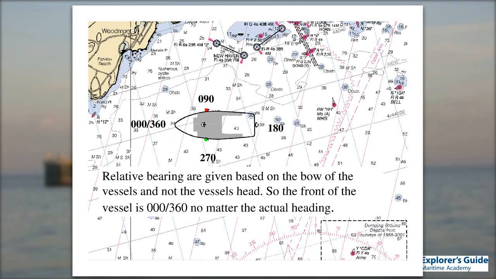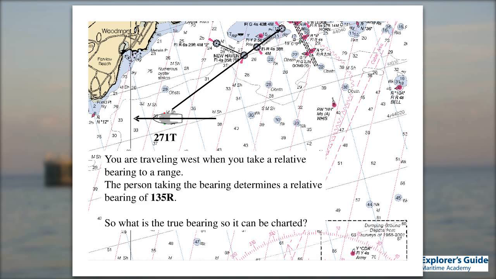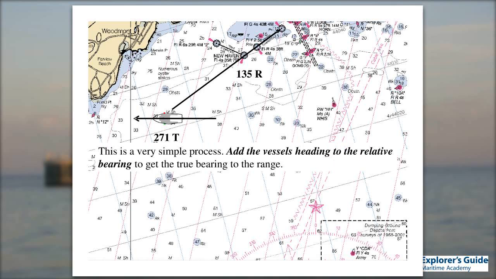Looking at the front of the boat is 000 or 360, 90 degrees off to our right is 90, right behind us 180, off to the left is 270. So here, the person out in the front of the boat looks back towards those buoys and says, hey, relative bearing about 135 degrees, relative to the front of the boat.